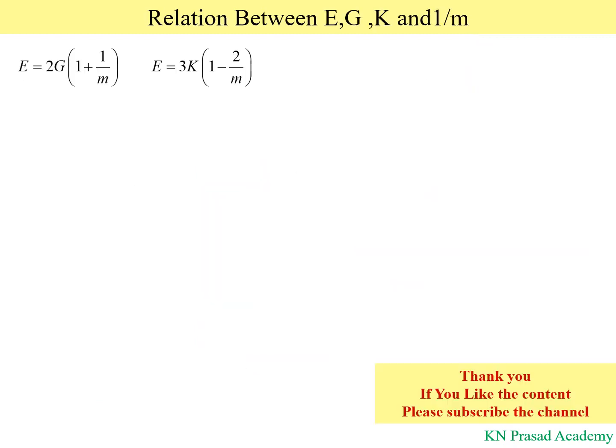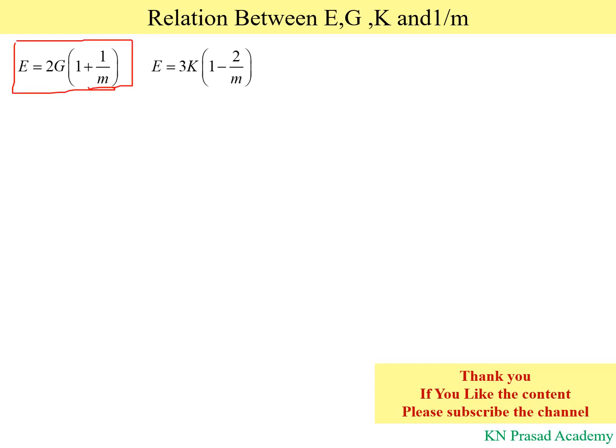Next, we have to find the relation between the Young's modulus, shear modulus, bulk modulus and the Poisson ratio. In the previous lecture, we already derived the relation between the Young's modulus and the shear modulus, that is E equal to 2G into 1 plus 1 by M. This formula also has to be remembered.